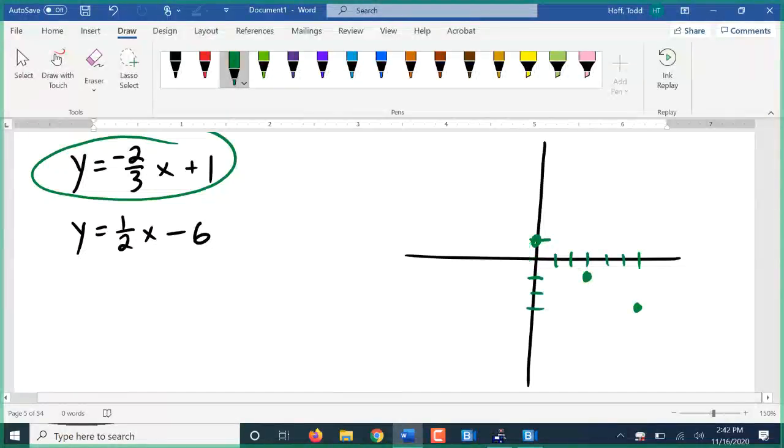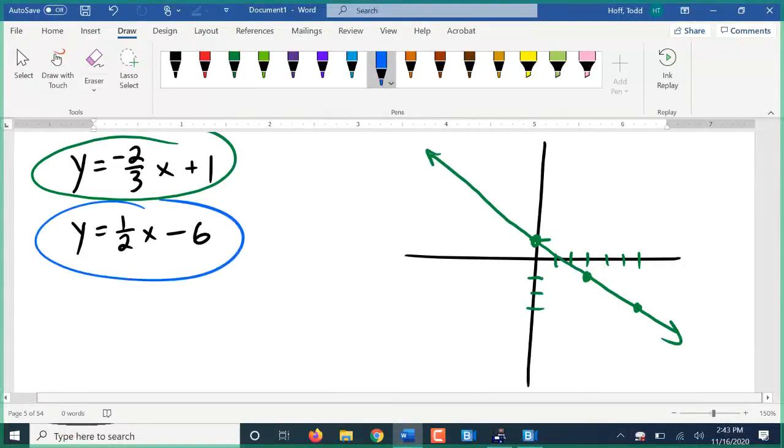So we have our line going through those points. Second equation starts out at a negative 6. So 1, 2, 3, 4, 5, 6. There's our first point. It's a rise 1, run 2. We'll rise again, run 2. Once more, rise 1, run 2. And there we hit.